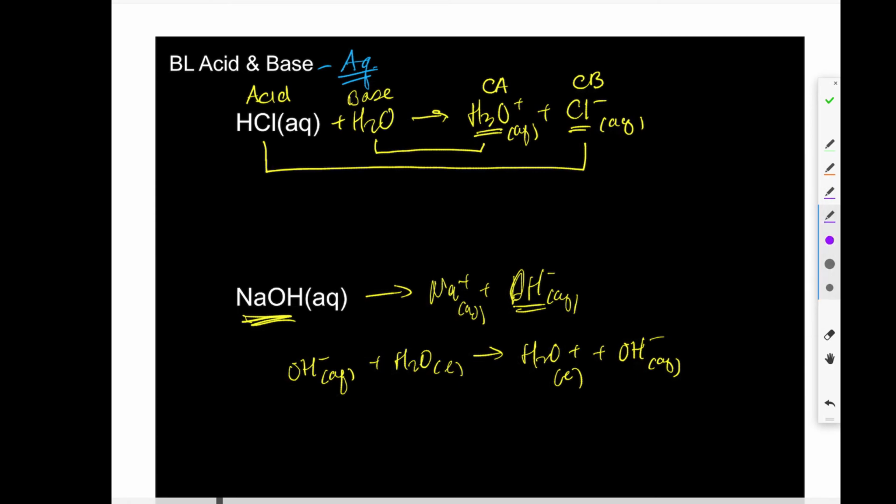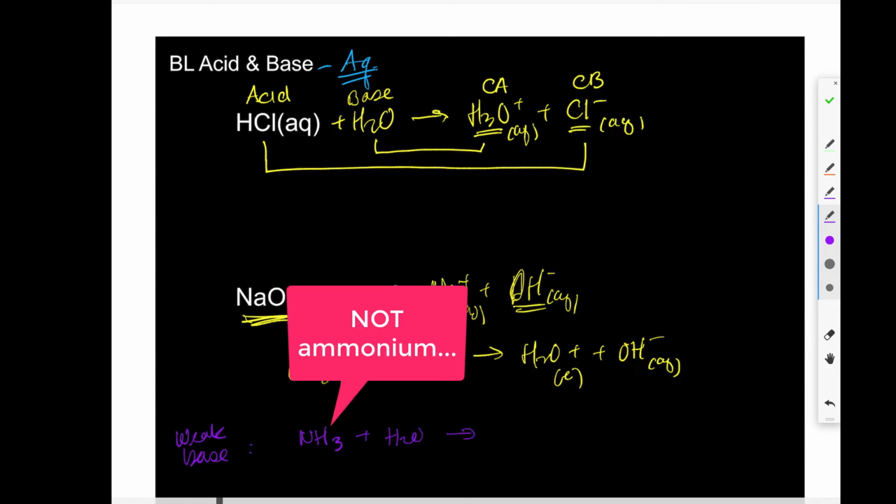So the concept of your Bronsted-Lowry pairs is a little bit weird here, but if we talk about a weak base, where most of our weak bases are going to be nitrogen-containing compounds, right? Ammonia being the classic one, where that is going to then do this.